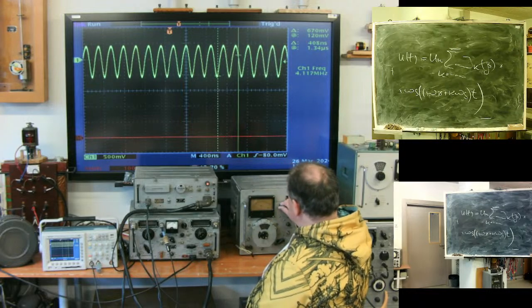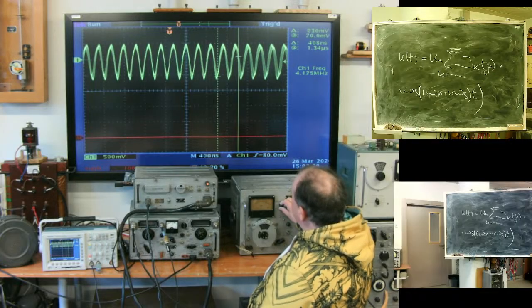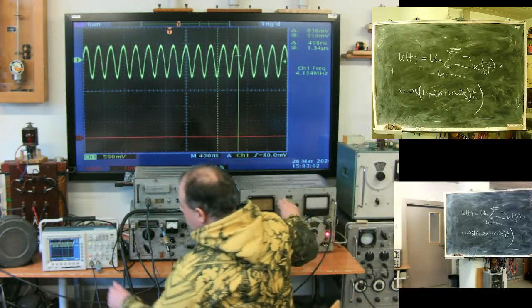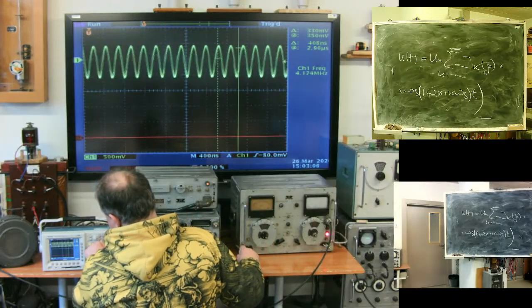No deviation. I will set 0. Here is the 0 point.